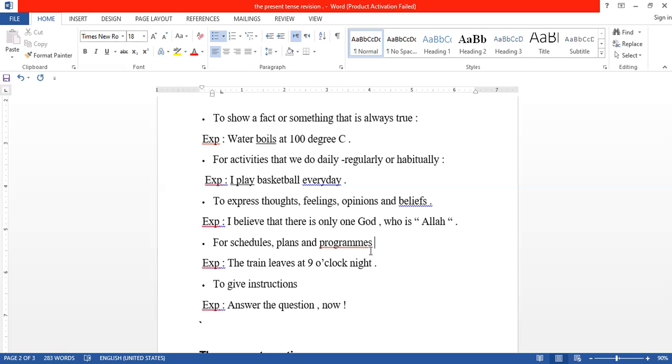Here, I can simply answer that we can use the present simple also to talk about a schedule or a plan in the near future. Is it clear? Yes, it's clear. In other words, we use the simple present, which has the smell of a future time.